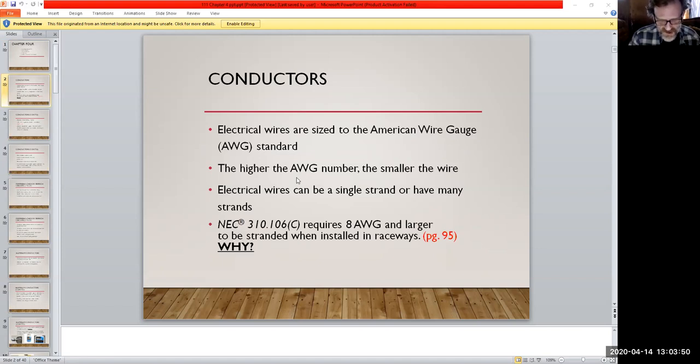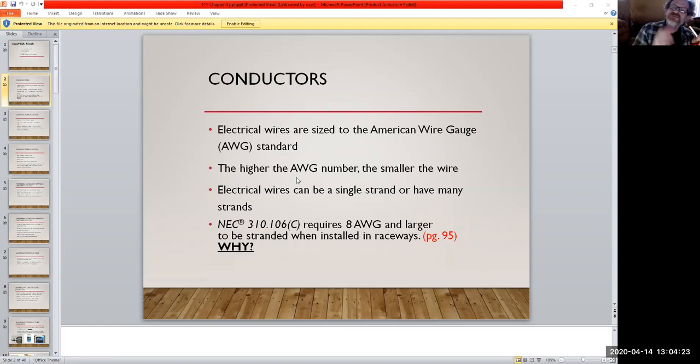It could be a solid core, just one single strand inside that insulation, or it could be a multi-strand style. Just a little reference, there's no major thing with it, but the multi-strand actually has a greater ampacity than the single strand, believe it or not. It is better able to deliver current than solid core. That's just one of those little trivia things for you.